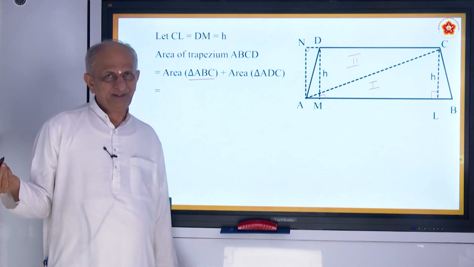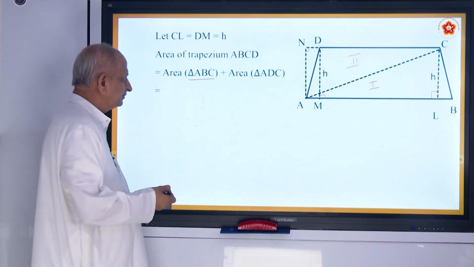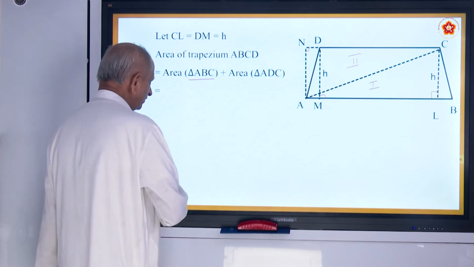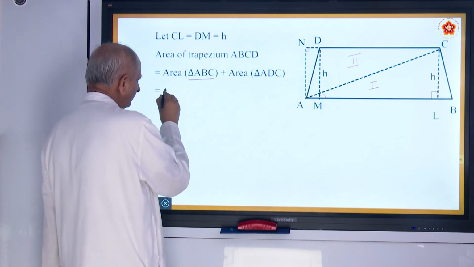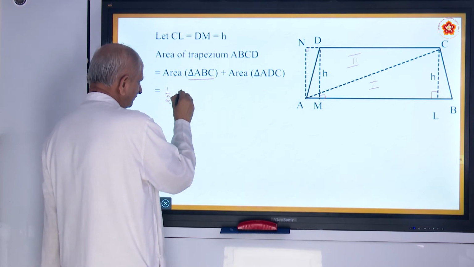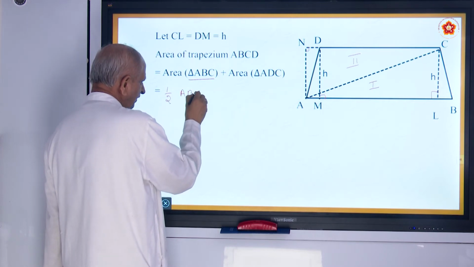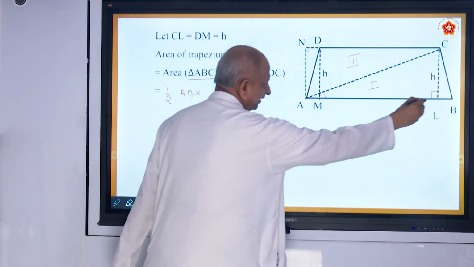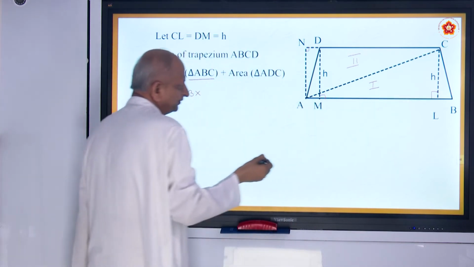Now you can find the area easily. Come on, what shall we write now? Area of triangle ABC is equal to half of base AB into height. This is the base AB. Height is CL.